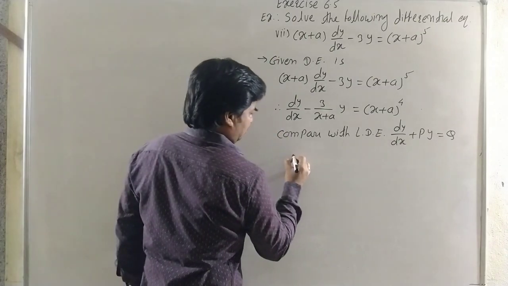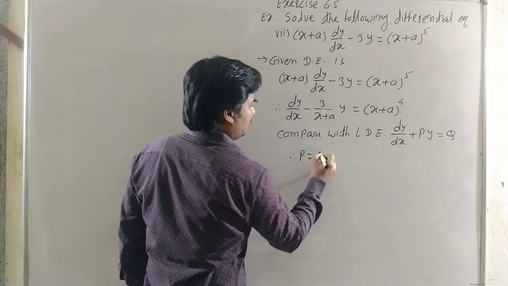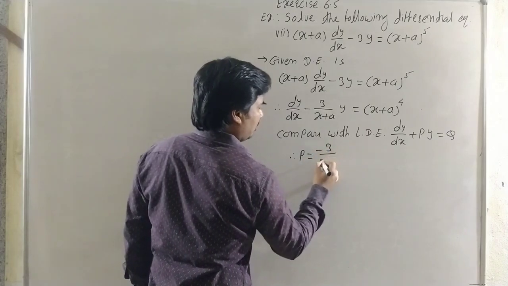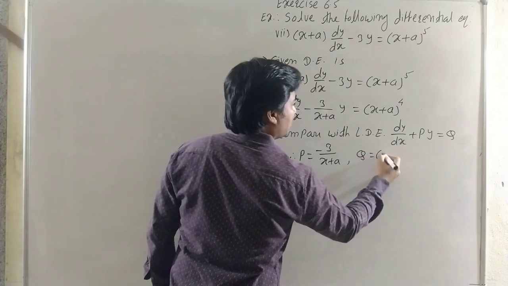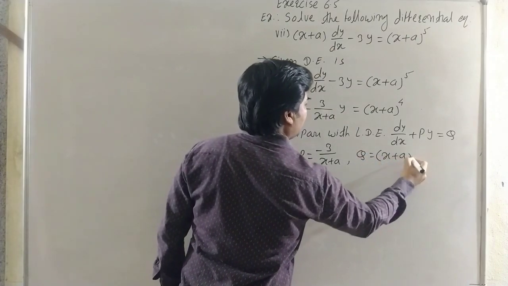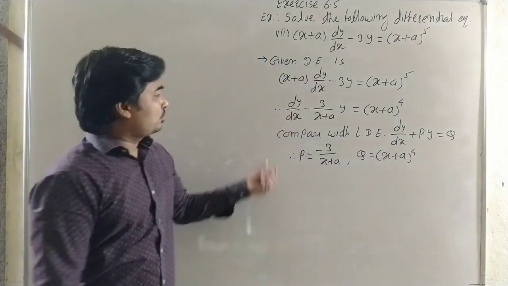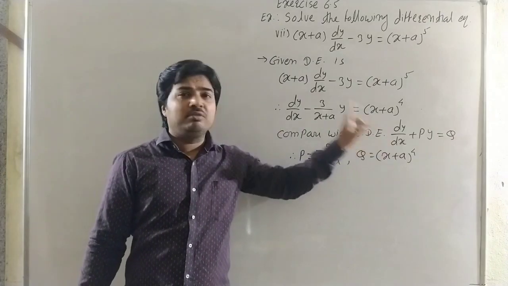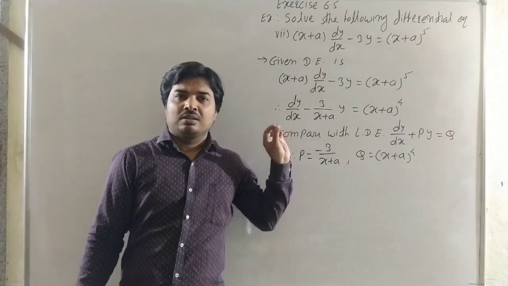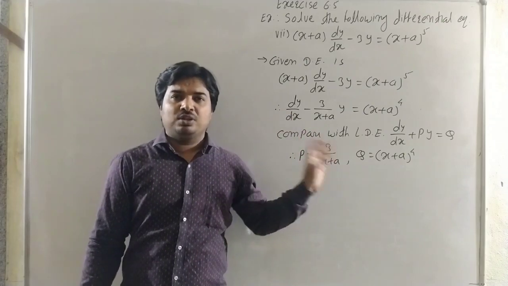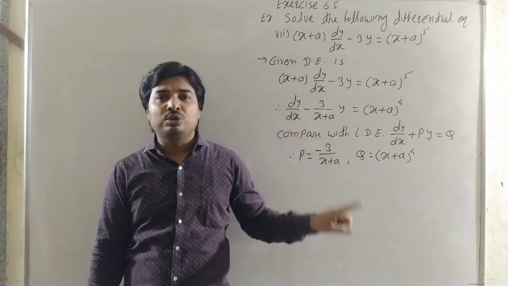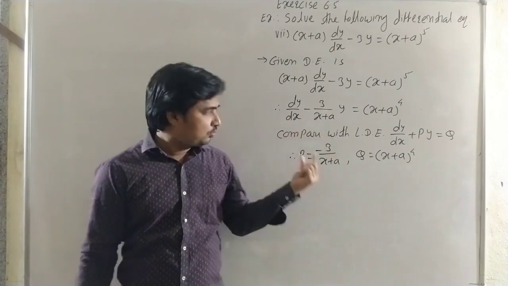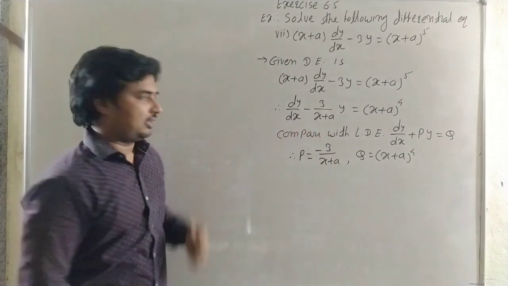Therefore here P = -3/(x + a), and Q = (x + a)^4. Now the solution of this linear differential equation is integrating factor times y equals the integral of integrating factor times Q with respect to x. So first find the integrating factor.